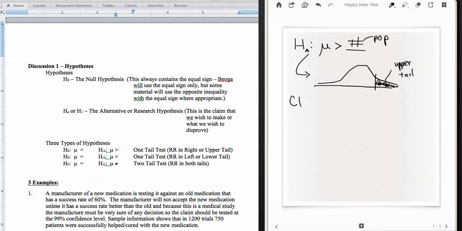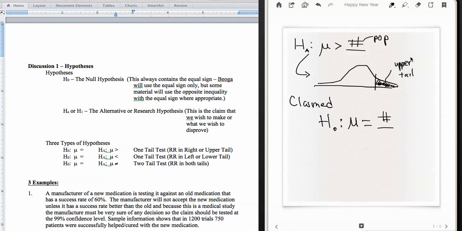So the claimed distribution that we're trying to say it's unusual for is under the null hypothesis. And that would be that mu is equal to whatever that number is from the population.